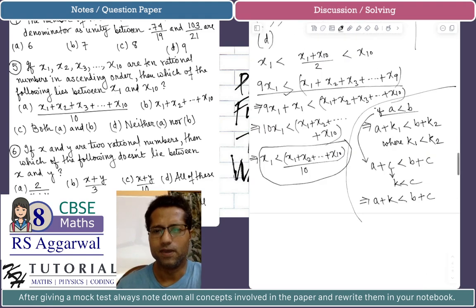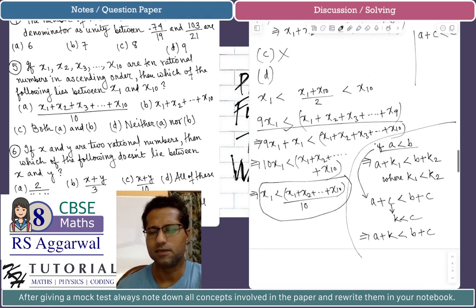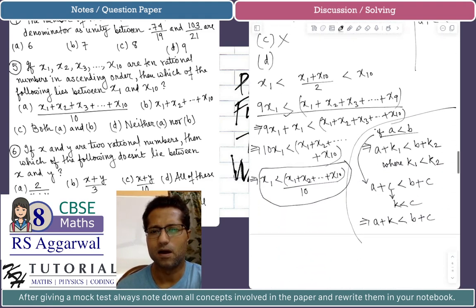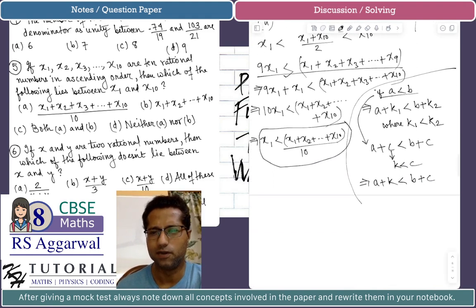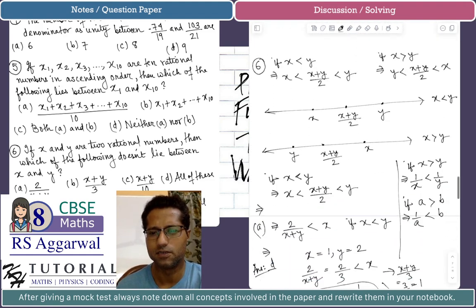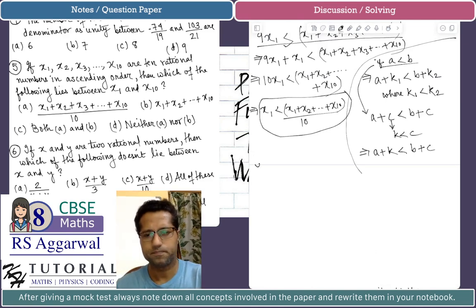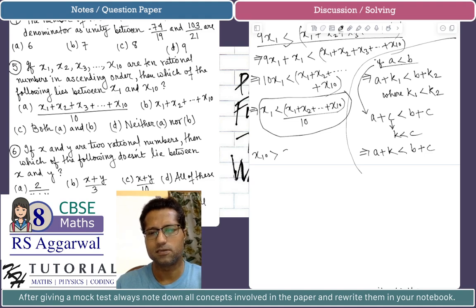Okay, the way we arrived at 9x1 is less than x1 plus x2 plus x3 up to x9, I will do it in the same way, but now I will consider, so we know that x10 is greater than x1.